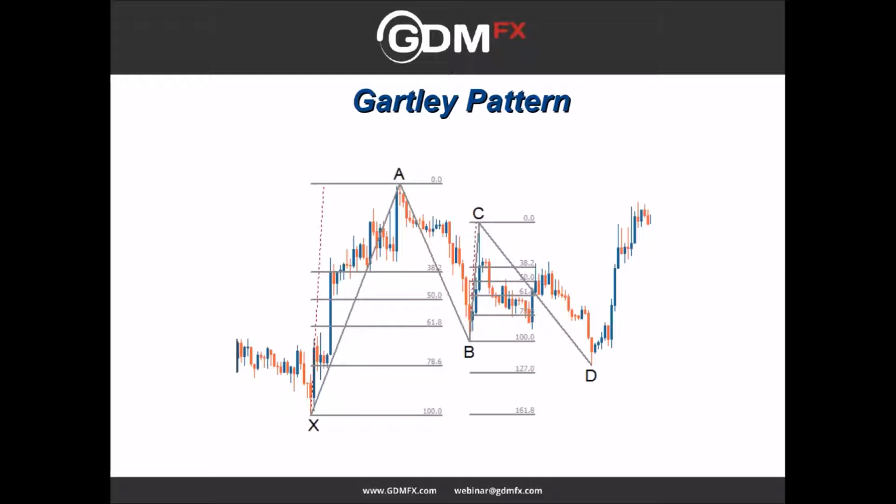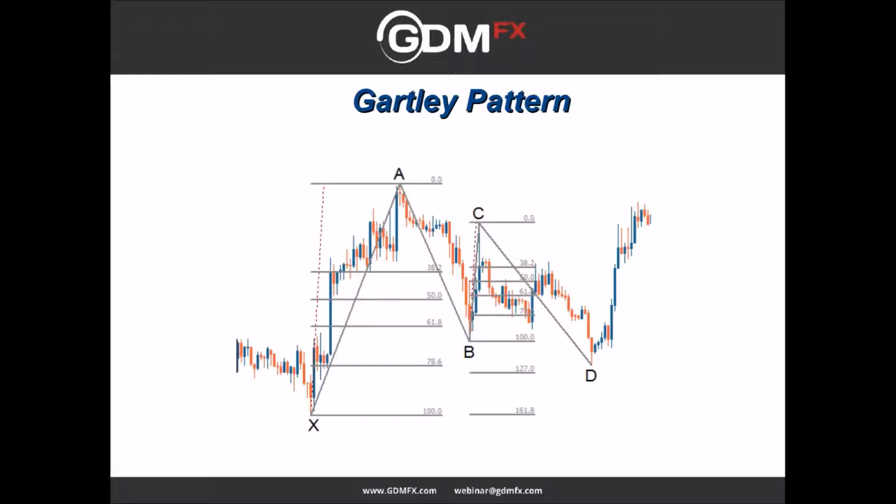The AB leg equals the CD leg. 78.6 Fibonacci retracement of the XA leg is necessary to confirm our D point, or a 127 to 161.8 extension of the BC to create your entry, which is actually the D point.